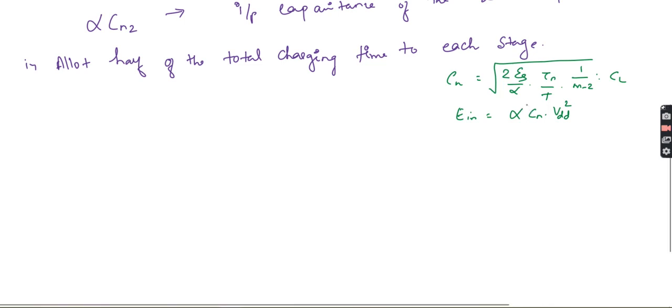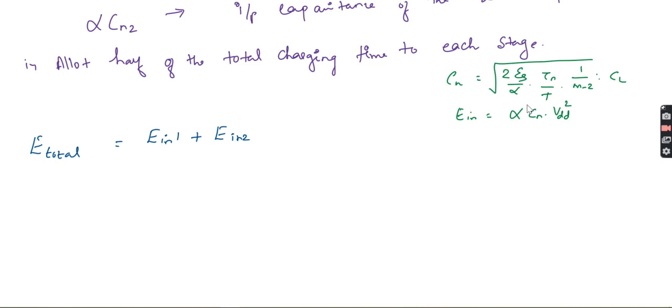Let us take the total. What is the total now? Actually the total is nothing but, if you want to say, it will be like E in. Already we said it will be E in 1 for the first stage and E in 2 for the second stage. Then finally we have E load.